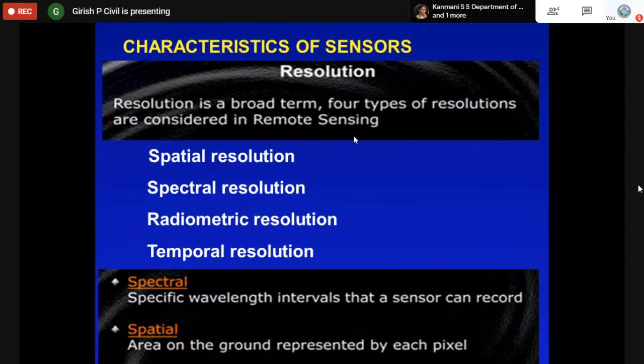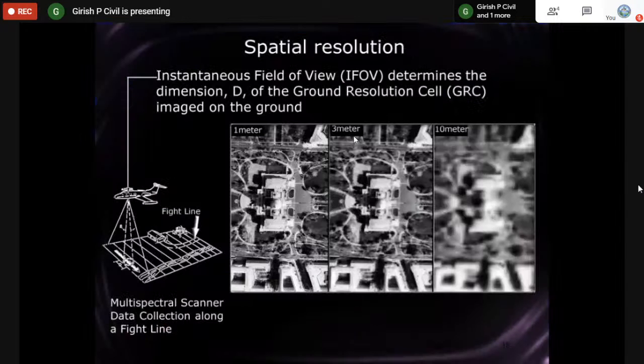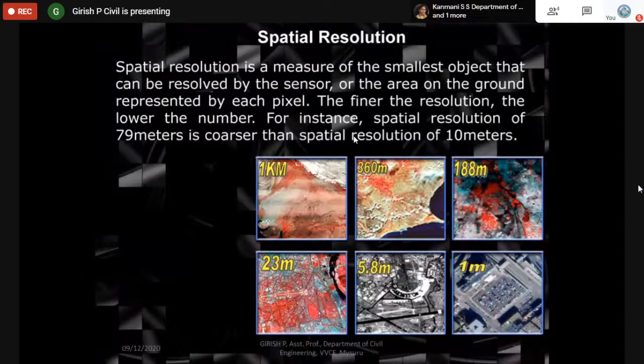When I say spatial, it is always represented with a pixel grid that represents the spatial resolution. If you see the image, the spatial resolution differs between images at 1 meter, 3 meter, and 10 meter. In the 1 meter image, you have very clear identification, but the identification is not possible with the 10 meter image.